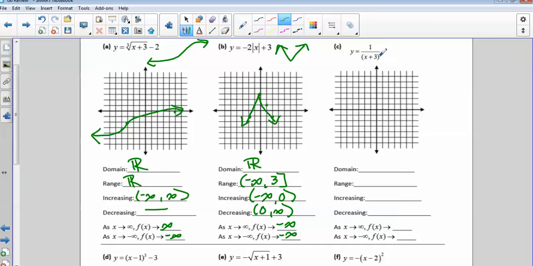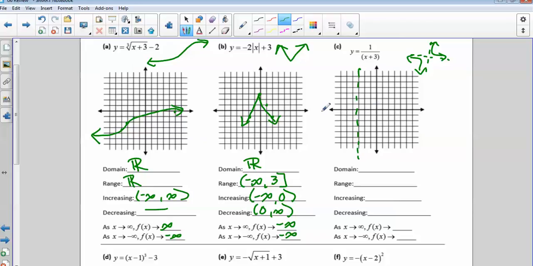C is a rational function. The parent function of the rational has asymptotes on both axes, and it has branches in the first and third quadrants. My rational function is going to move left 3 because x plus 3 is inside the function. So I'm going to move my vertical asymptote over 1, 2 to x equals negative 3.